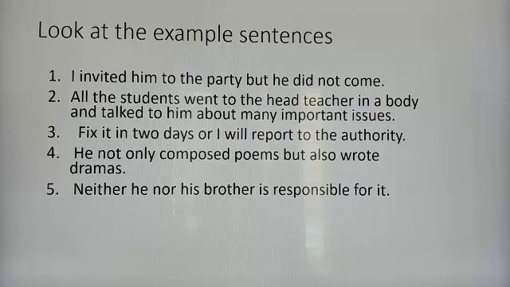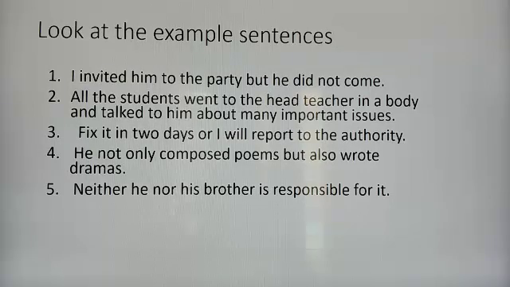Look at the use of conjunctions. Not only but also. Number 5, neither he nor his brother is responsible for it. Neither he nor his brother. Neither, dot, nor. In between neither and nor there is a pronoun you see as subject, he.